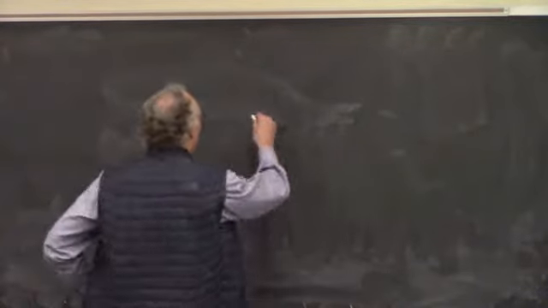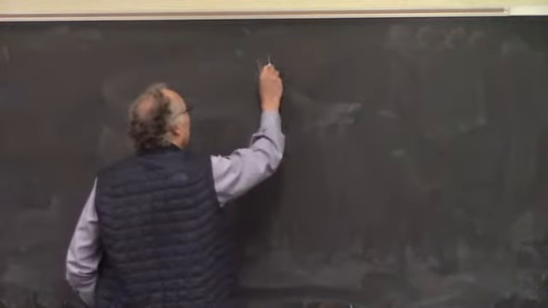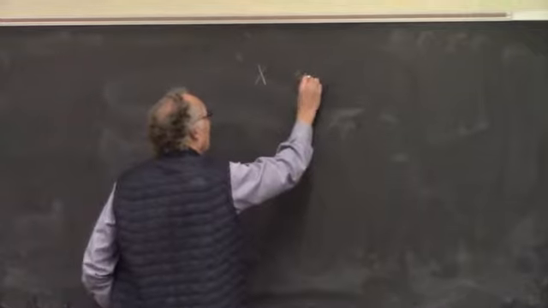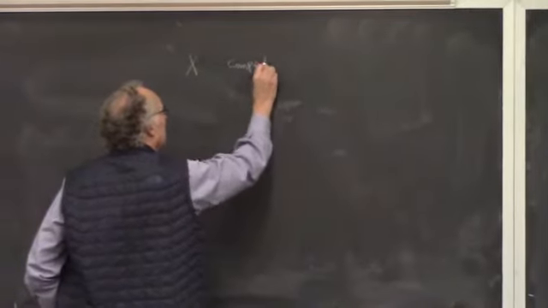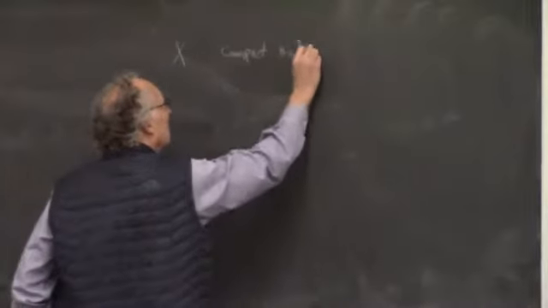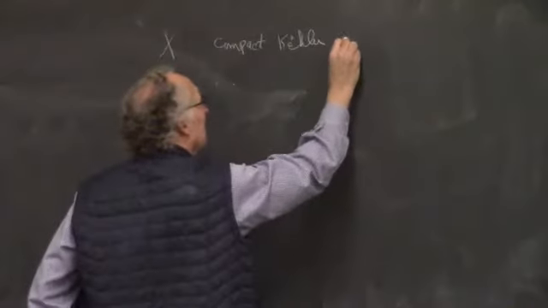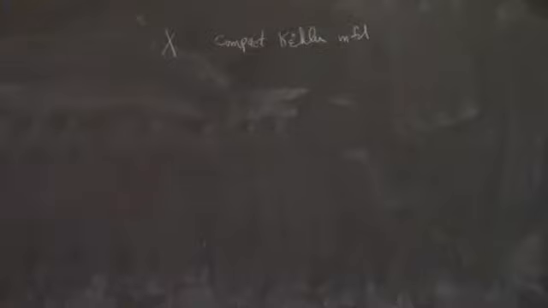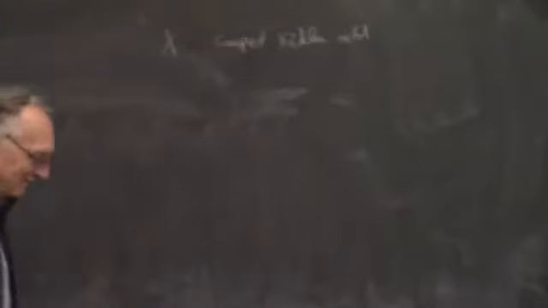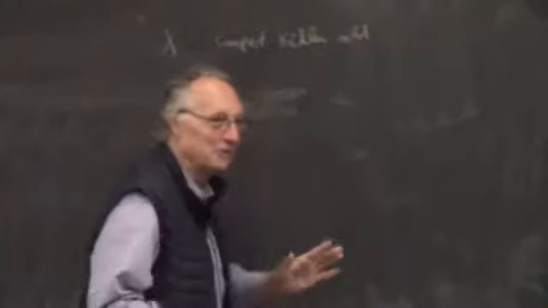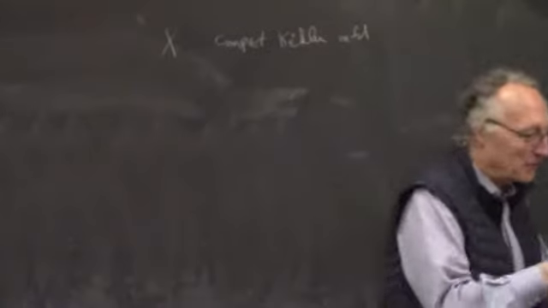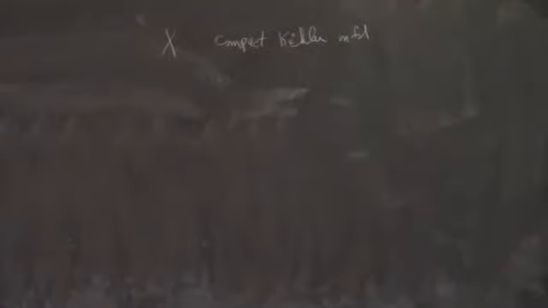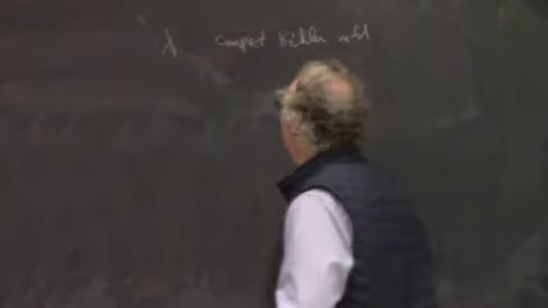But if you have a compact Kähler manifold X, this means it's a complex manifold, a compact complex manifold, and it has some differential geometric condition. All smooth projective varieties satisfy this condition.